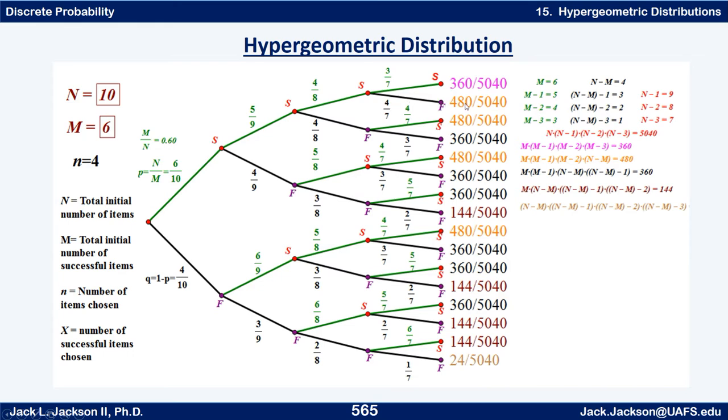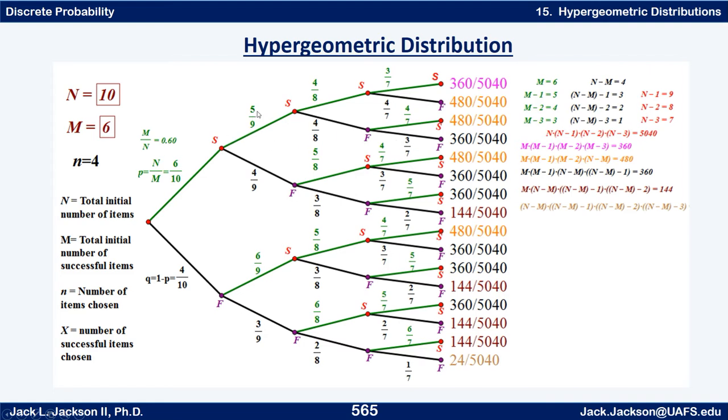If it is the orange one, the 480, how do we get that? Well, it's a 6 times 5 times 4 times 4. That's how we got the 480. If it is the black one, 360, how do we get that? Well, it's a 6 times 5 times 4 times 3.